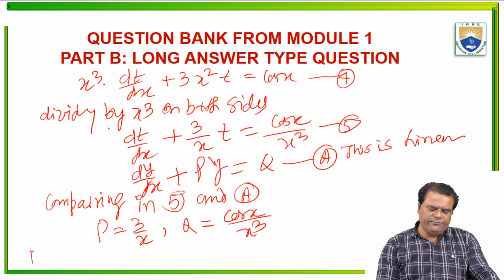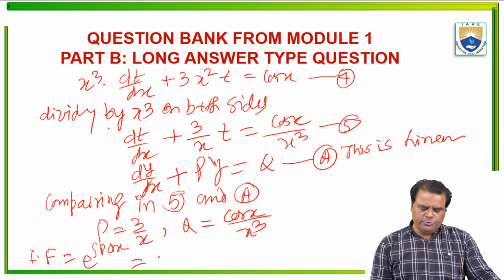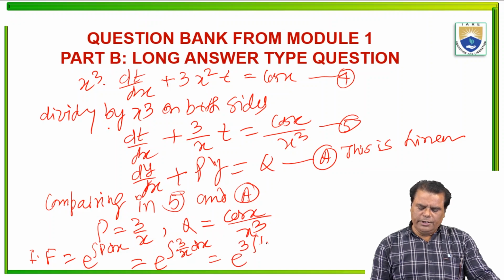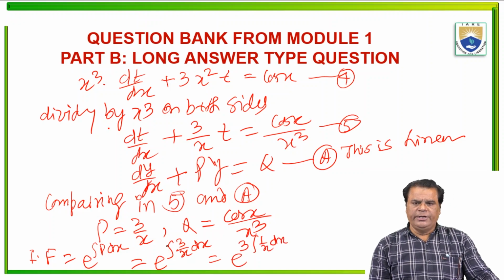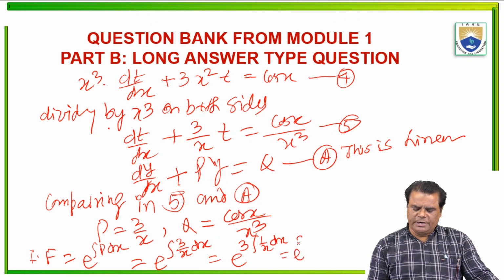So finding the IF, the integrating factor, e to the power integral p dx. So this equals e to the power integral 3 upon x dx. Integration of 1 upon x dx, 3 taking common. So e to the power 3 log x, so this is log x cube.